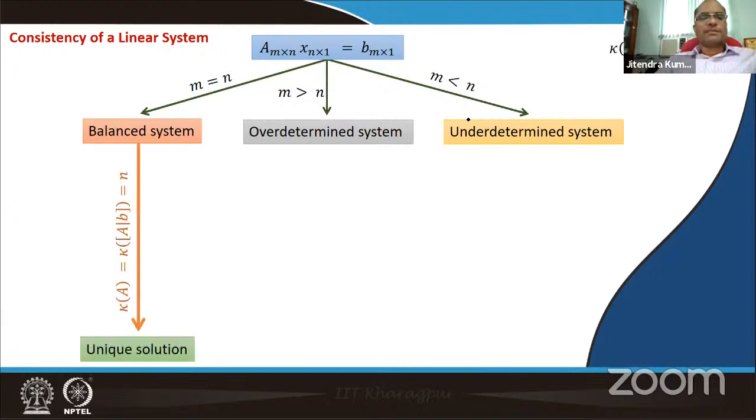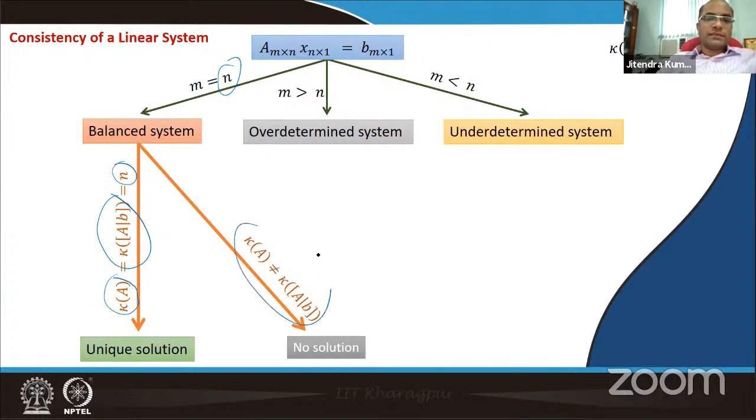For the balanced system, we have the possibility of a unique solution, already covered in Engineering Mathematics 1: when the rank of the matrix A and the rank of the augmented matrix, when you augment B with A, are equal to the number of variables, the system has a unique solution.